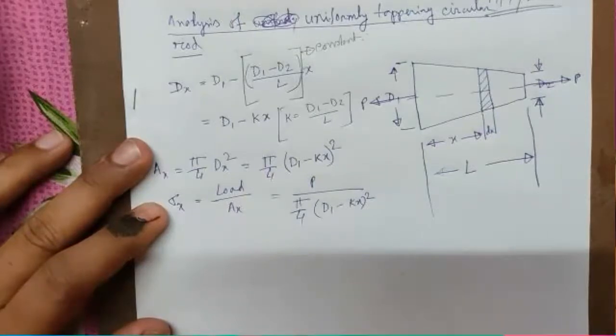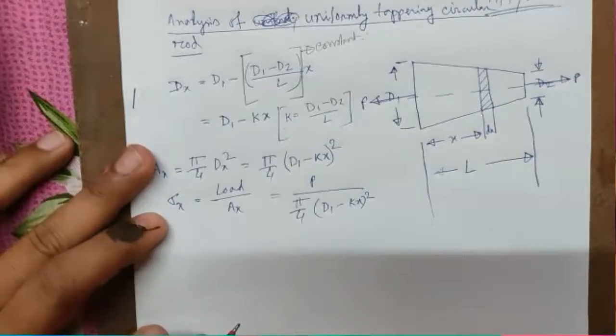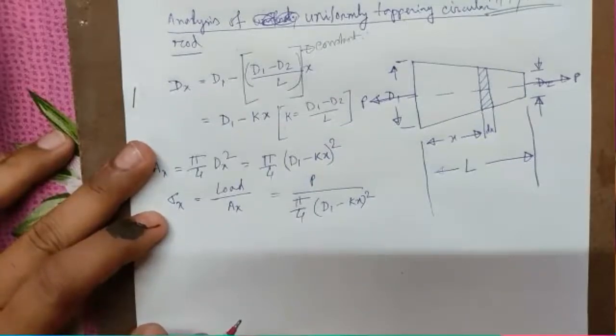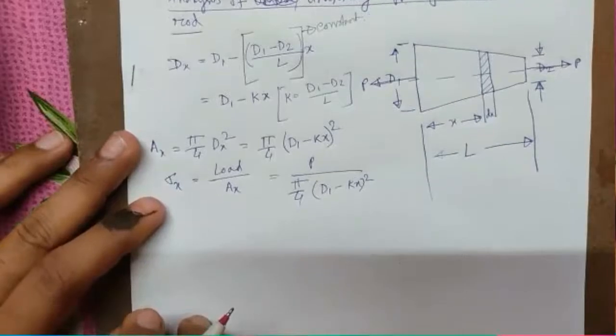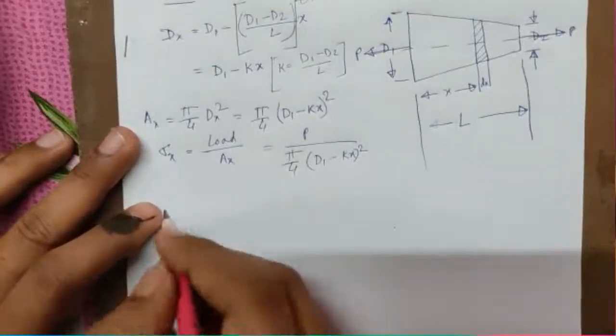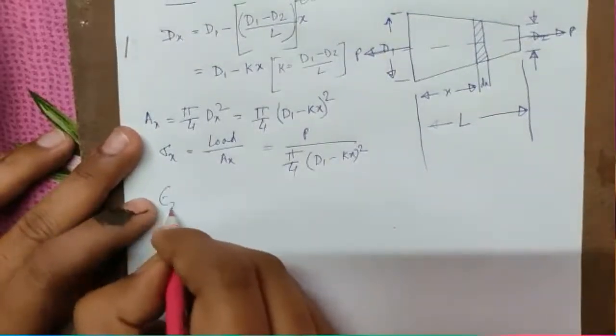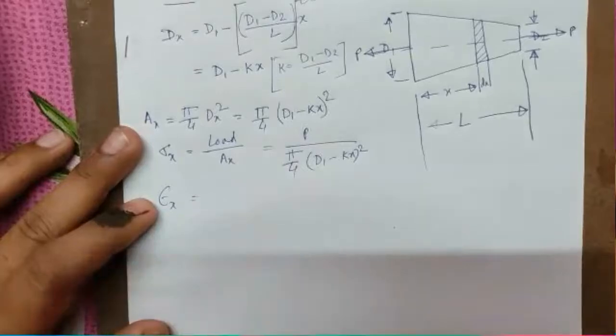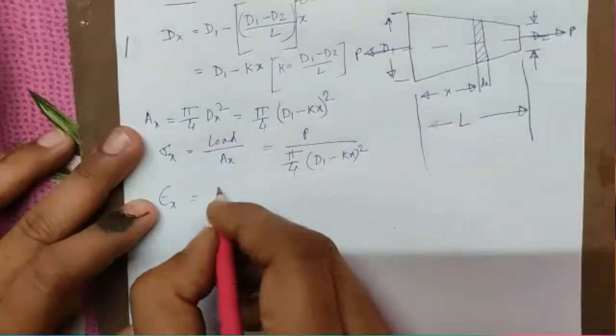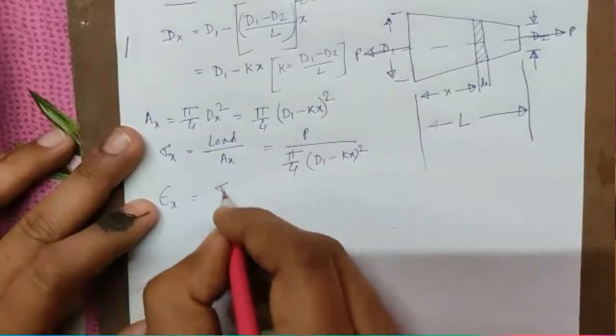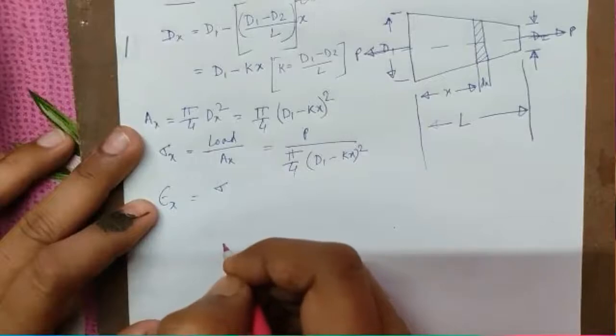Now so we have found out the stress at that particular position. So the strain can be found out by the formula stress by elastic modulus. As we know, stress is directly proportional to strain up to elastic limit.